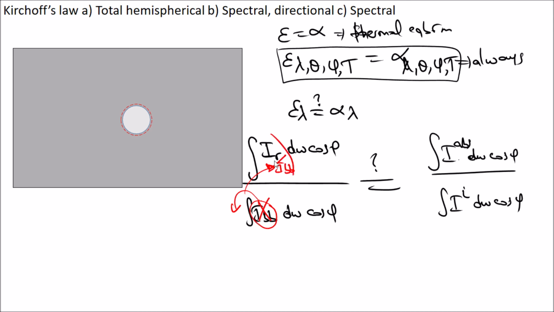Then this quantity becomes epsilon lambda, theta, phi and T. This is the left hand side.